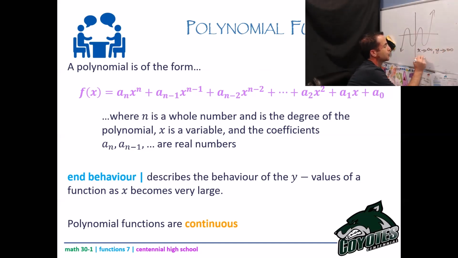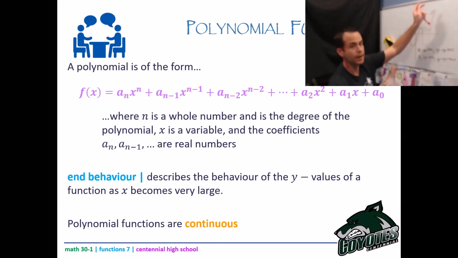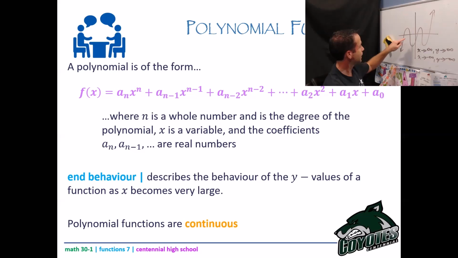And as x approaches negative infinity, y approaches negative infinity. So as x approaches infinity, y is shooting up, and as x approaches negative infinity, y is shooting down. For the most part, though, in 30-1, we're happy with you looking at this graph and saying the graph ends up.